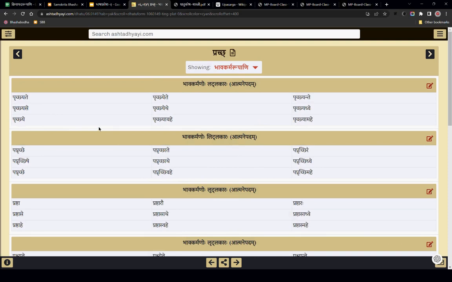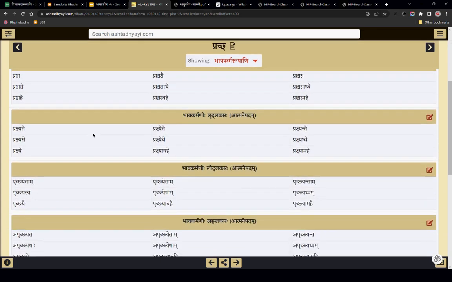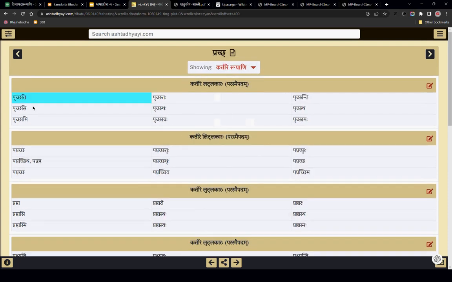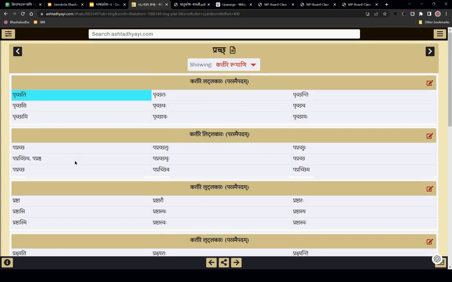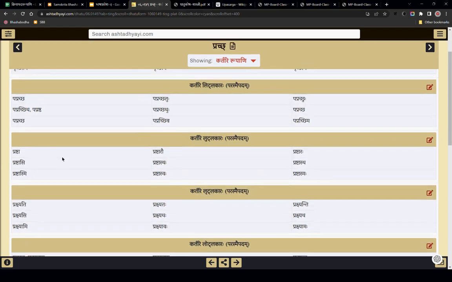Remember that. But in these lakaras, which lakaras? 4 lakaras. Lat, lang, vidhiling, lot. In these 4 lakaras, you can see here the prachchha changes to prichchha. Repha changes to rikara, as you see here. In lat lakara, prichchhati, but in lit it is just pra, there is no ri.